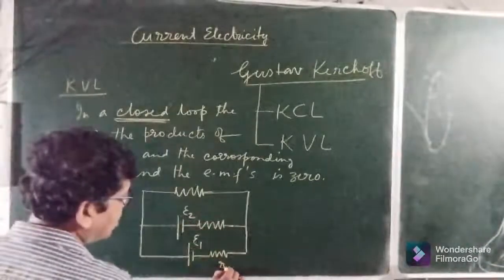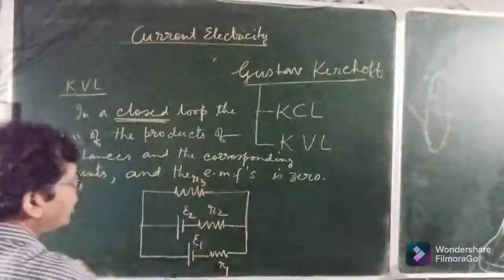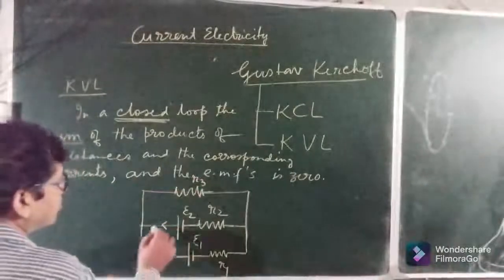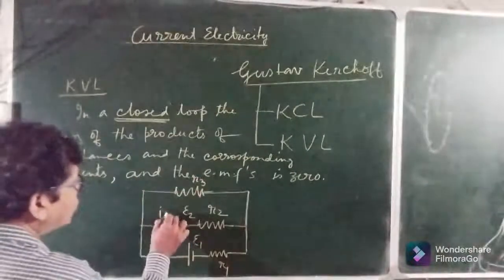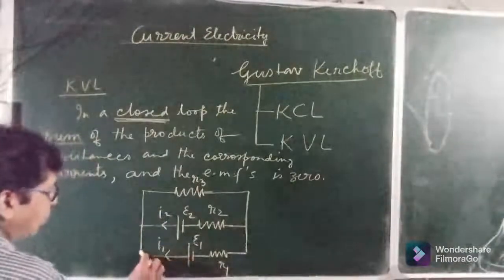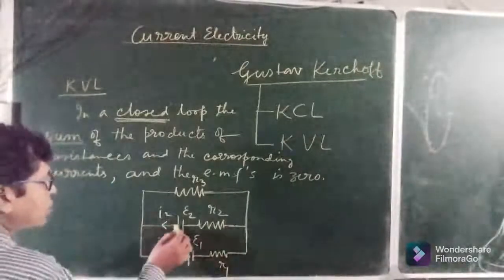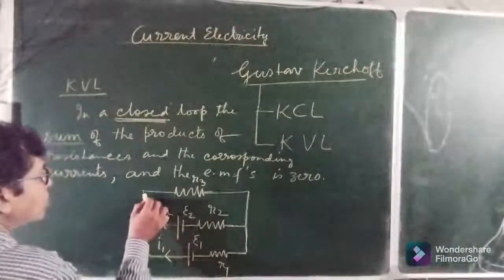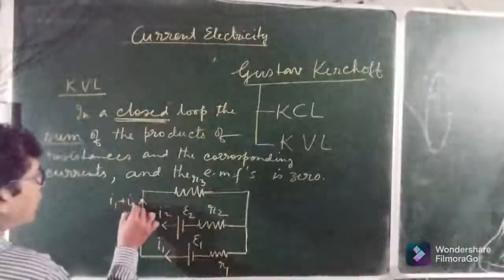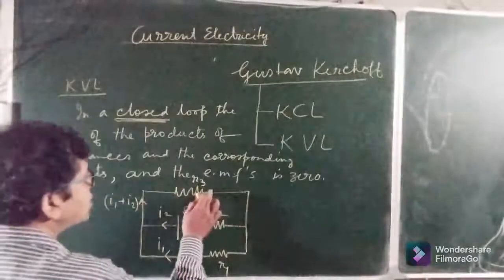This is R1, R2, R3, and this EMF generates a current of I2, this I1. This I1 flows along this path. Here it joins with I2. So this path carries a total current of I1 and I2, which flows through this resistance of R3.